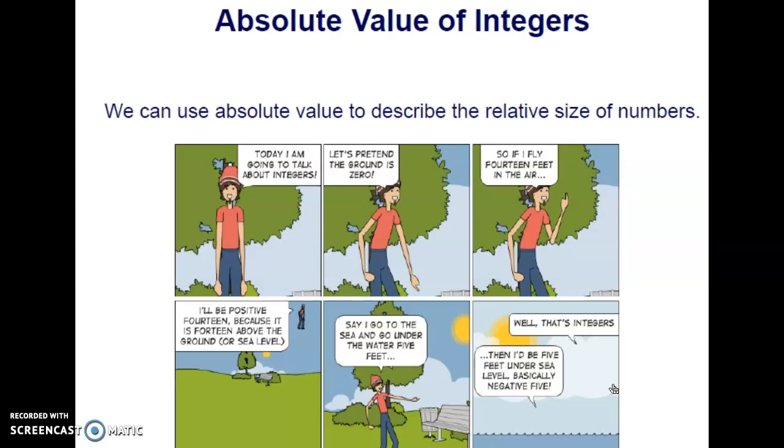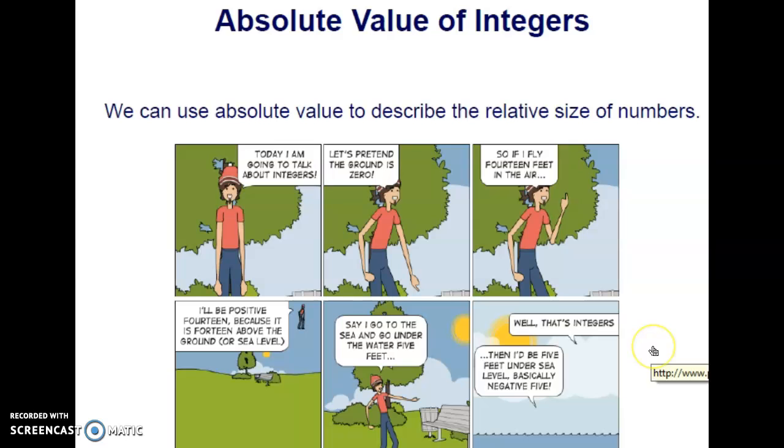Today I'm going to talk about integers. Let's pretend the ground is 0. So if I fly 14 feet in the air, I'll be positive 14 because it is 14 above the ground or sea level. Say I go to the sea and go under the water 5 feet. Then I'll be 5 feet under sea level, basically a negative 5.